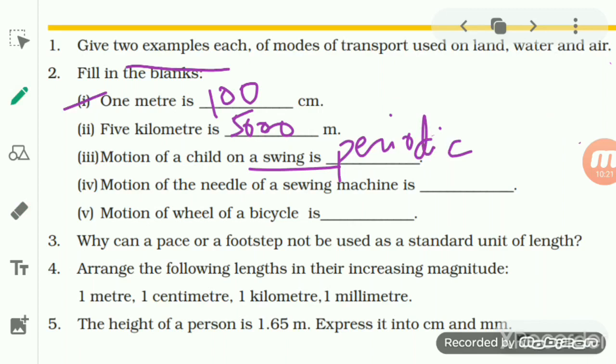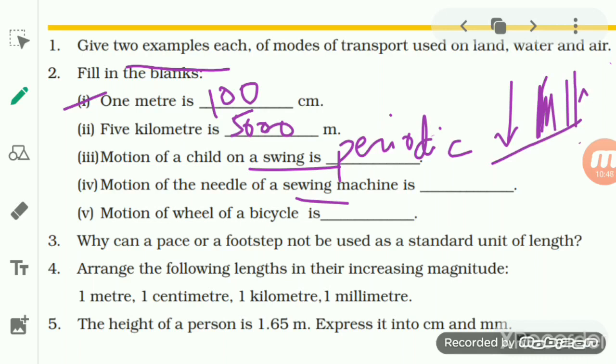Now motion of a needle of a sewing machine. The motion of the needle of a sewing machine is also periodic, because you have seen that when we use the sewing machine, the silai machine, the needle present in it goes up and down continuously. As the cloth moves, the needle goes up and down.